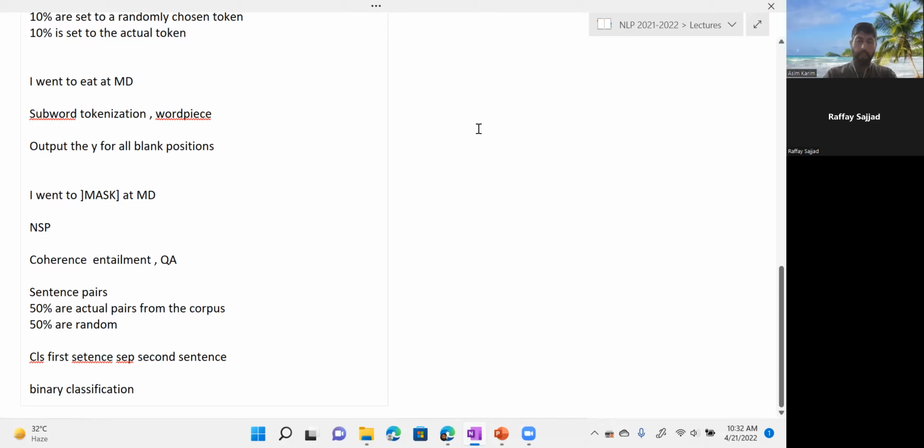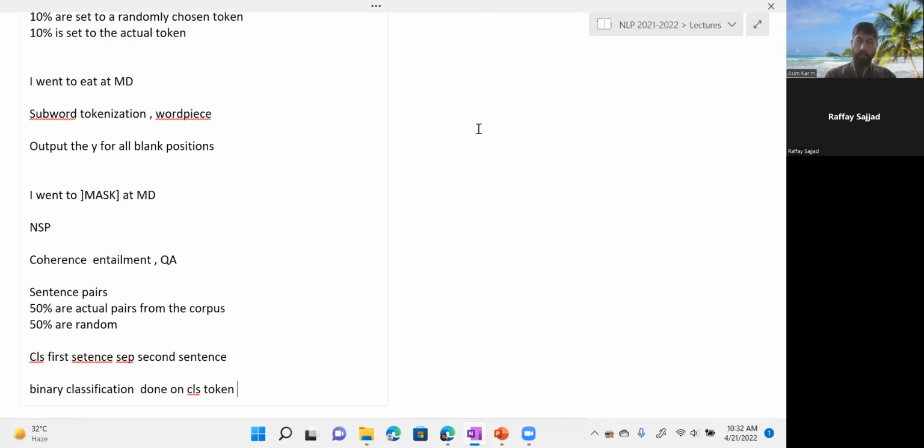Okay? Done on the CLS token. And this binary classification would tell us whether the two sentences are coherent, or whether the second sentence is actually the next sentence after the first sentence.